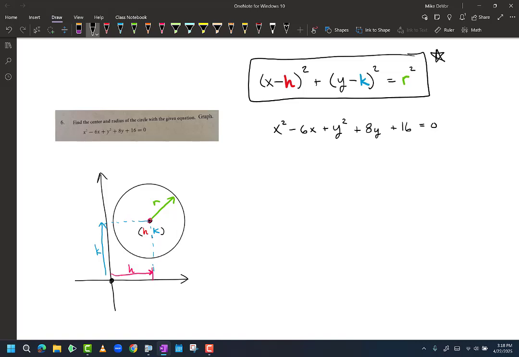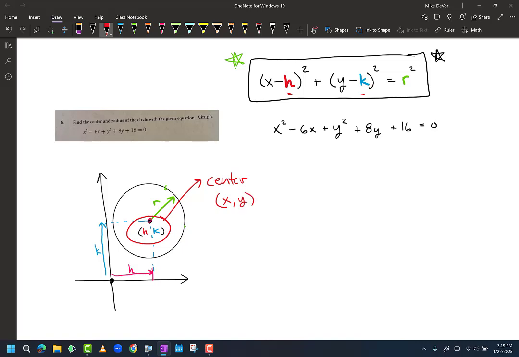It just says that every single point on this circle satisfies this equation, okay? Now, in this particular one, I need to know the h and the k. And the h and the k are the center. That is the location of the center of the circle on the coordinate plane. So the center is its x value and its y value.